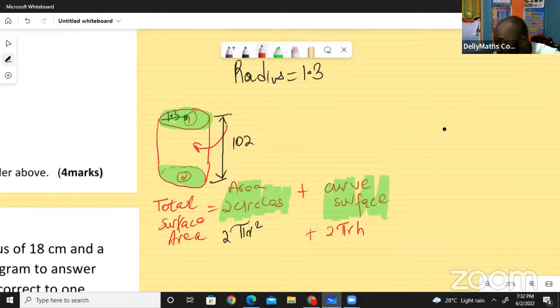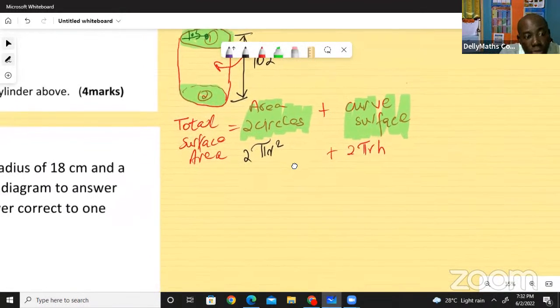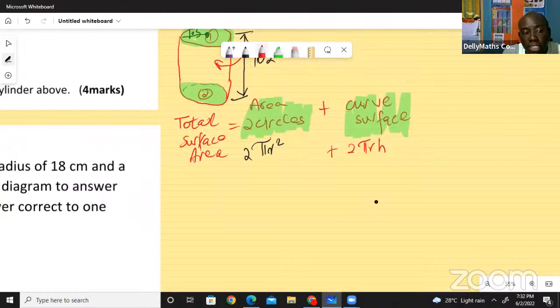It's a good thing this video will be saved, so I want you to be thinking about it. You have to write it down and then use it for your exam. So putting it together now, let's work out the circles. 2 times pi times r squared, remember r is 1.3.